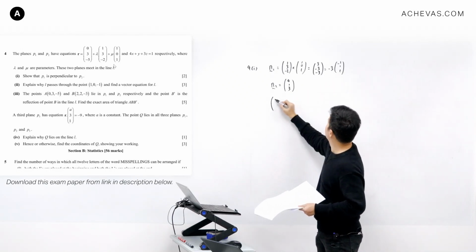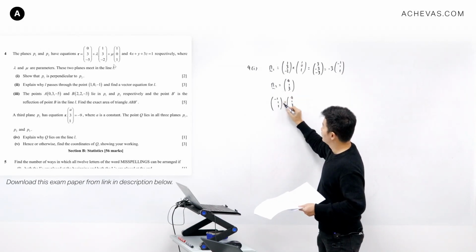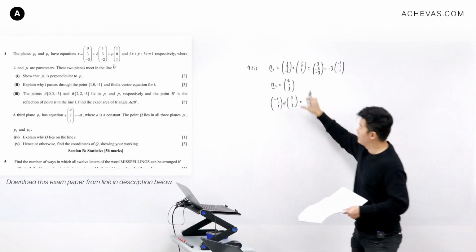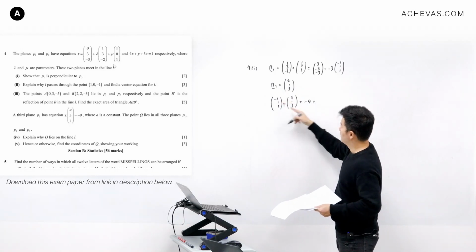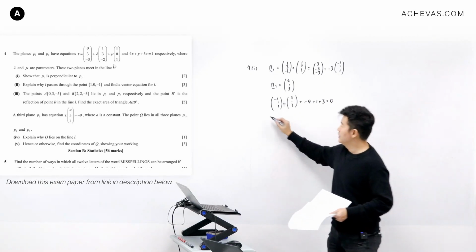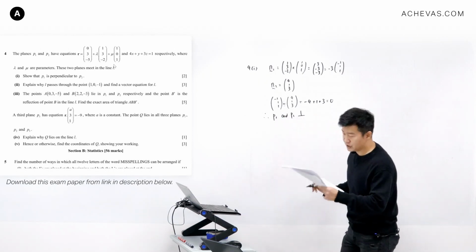We'll take the two normal vectors, minus 1, 1, 1, dot 4, 1, 3. So this times this gives me minus 4 plus 1 plus 3, this gives me 0. Therefore, we know that P1 and P2 are perpendicular to each other.